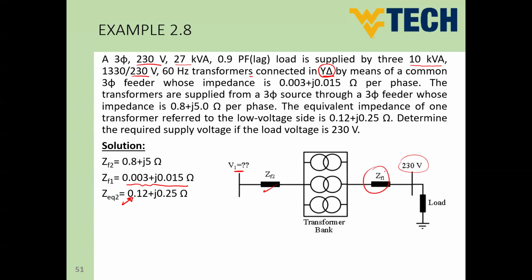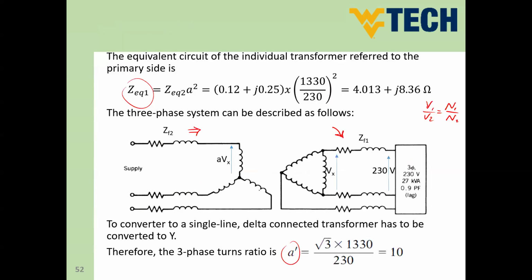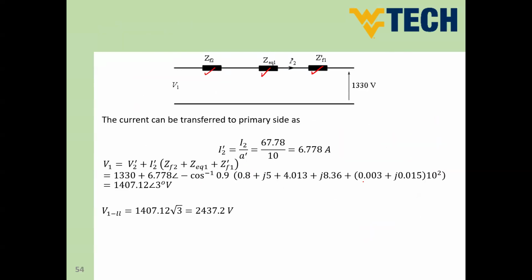So we need to get the referred one of this impedance to the primary side. So we will use the turns ratio. Here, guys, you will find that this is our Z feeder 1 impedance, and we need to refer this to the primary side, so we will multiply by the turns ratio squared. So Z feeder 1 referred to primary equals Z feeder 1 times the turns ratio squared.